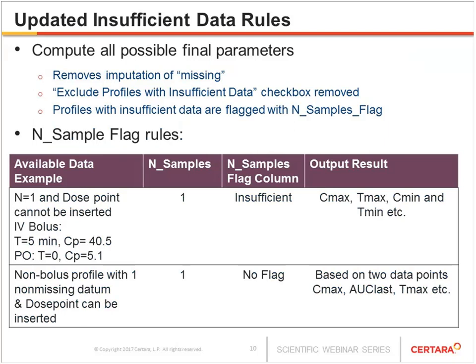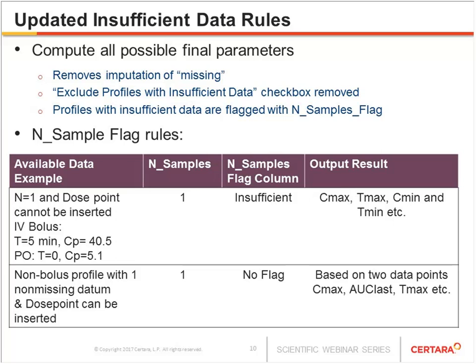We also made a change to the insufficient data rules within Phoenix. So previously, the insufficient data rules were activated and reported all parameters as missing or 0 if certain criteria were met. And at times, when it reported values as missing or 0, they could have actually been calculated based on some of the data.